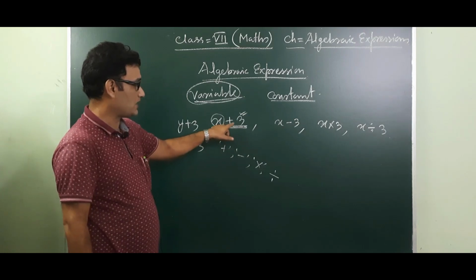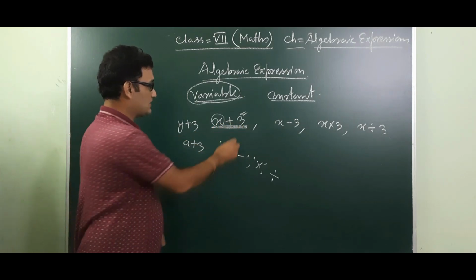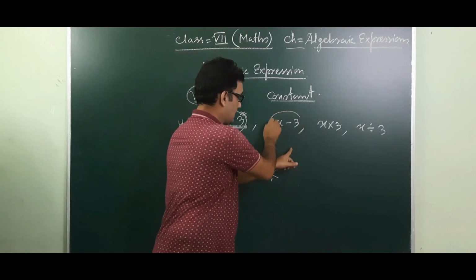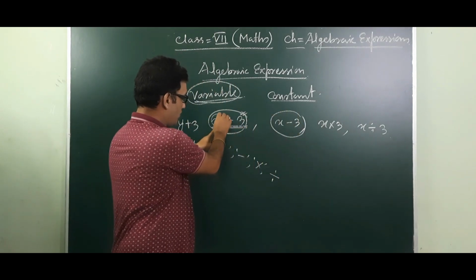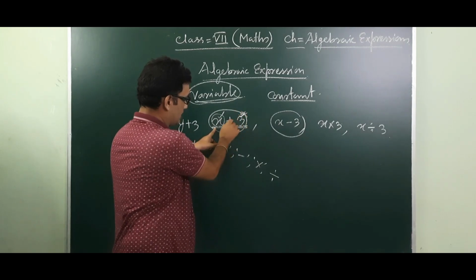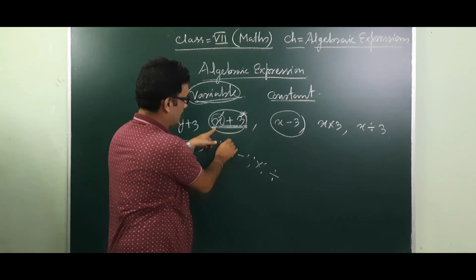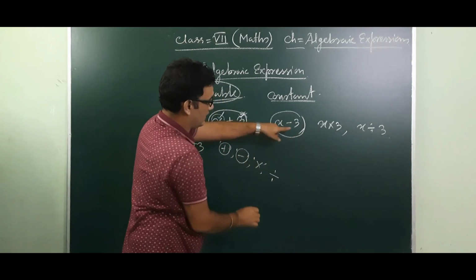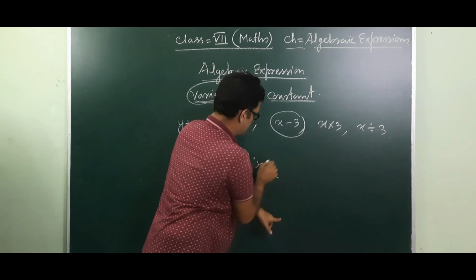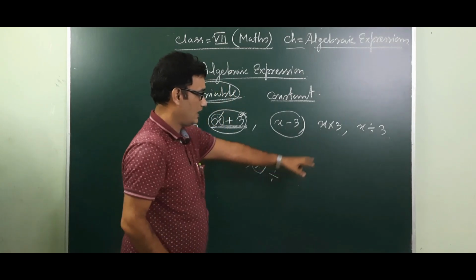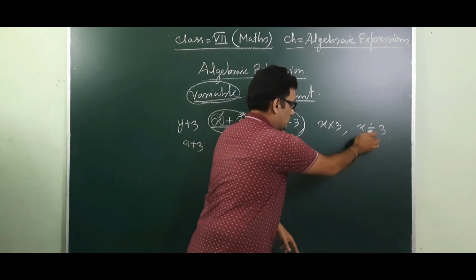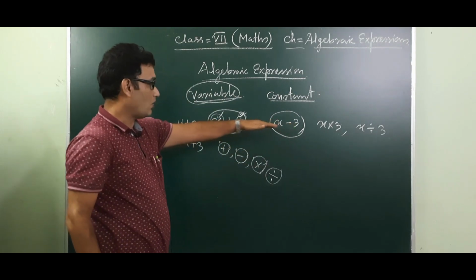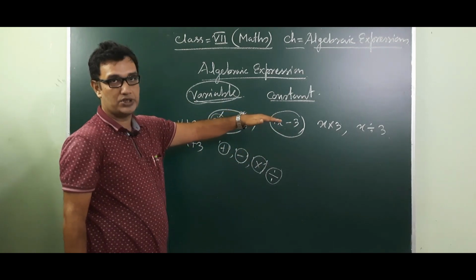Here you see x plus 3, that means it is an algebraic expression. X minus 3 is an algebraic expression. Here the variable and constant are joined by what? Plus sign. Here, by what sign? Minus sign. Here, multiply sign. Here, divide sign. These are all called expressions.